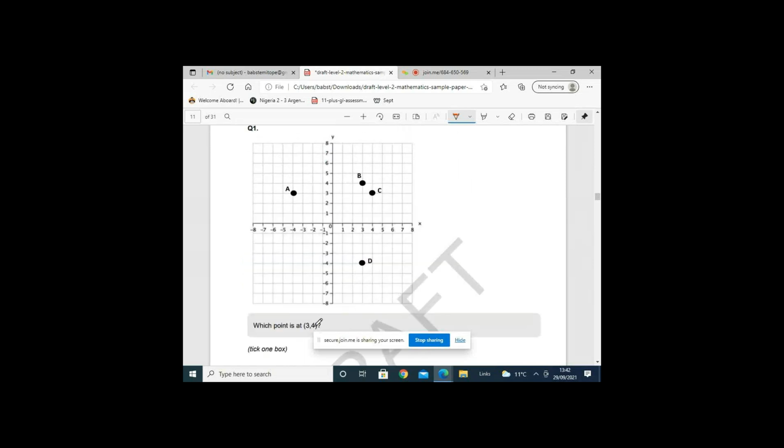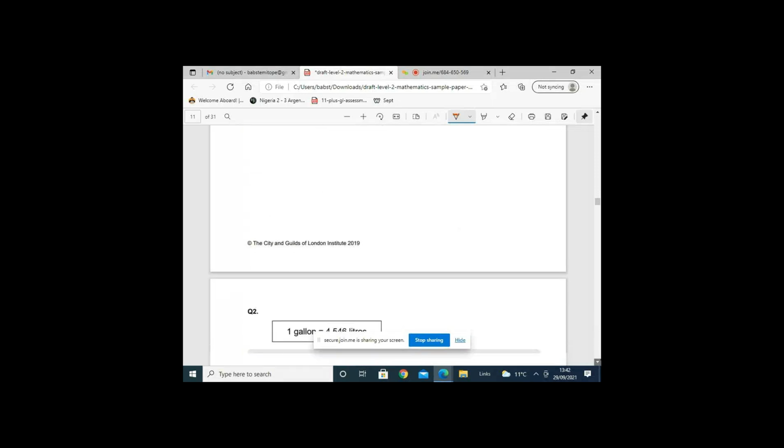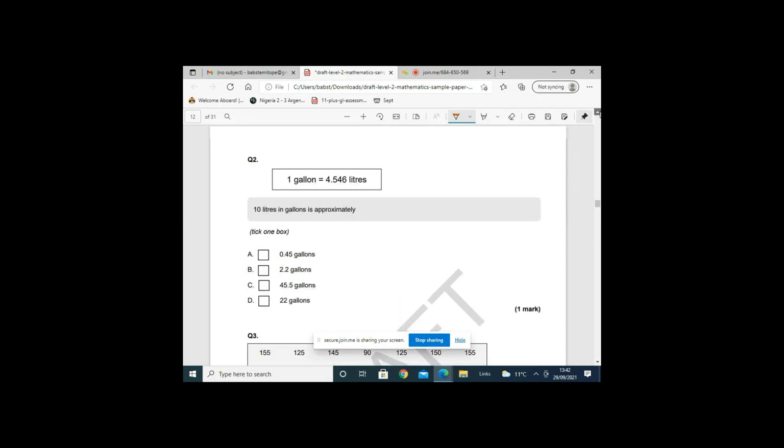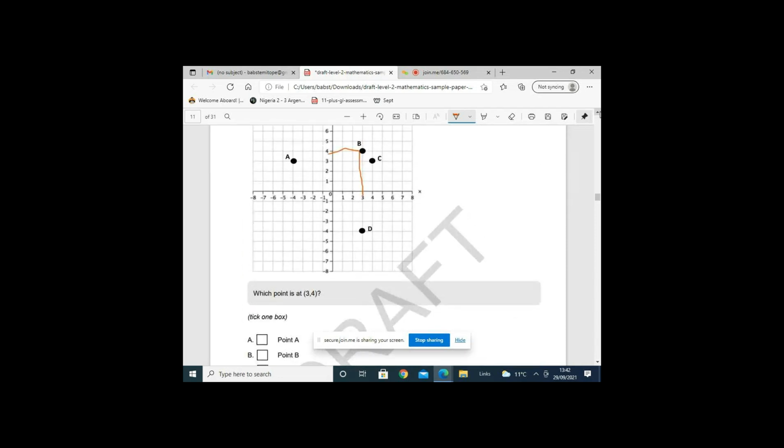Which point has a coordinate of 3, 4? Is it point B? Yes, point B. Can you see? It's first 3, then 4.